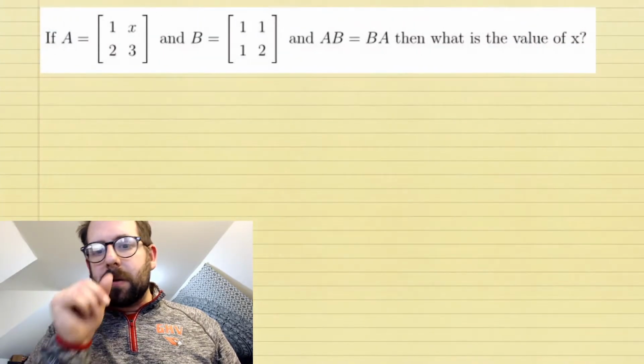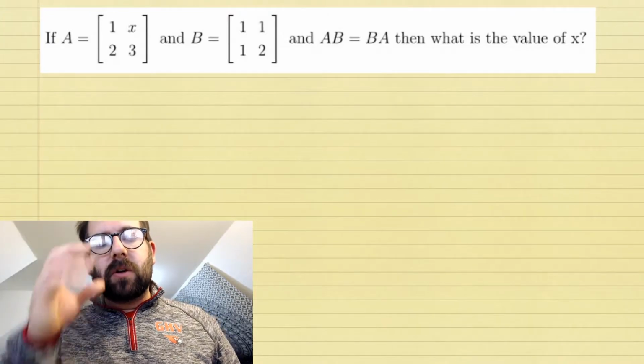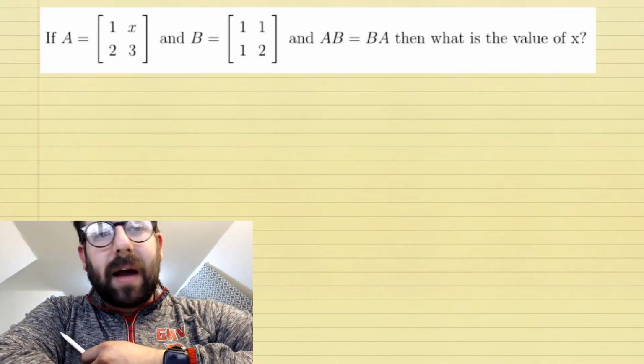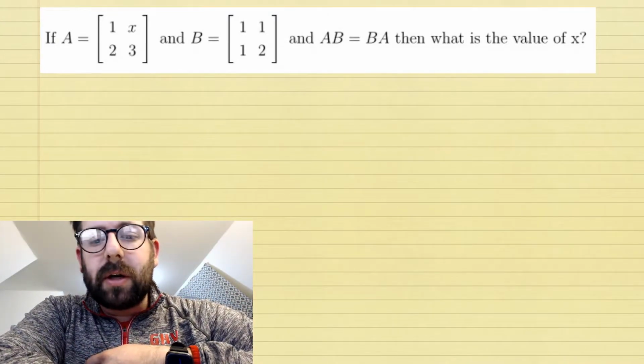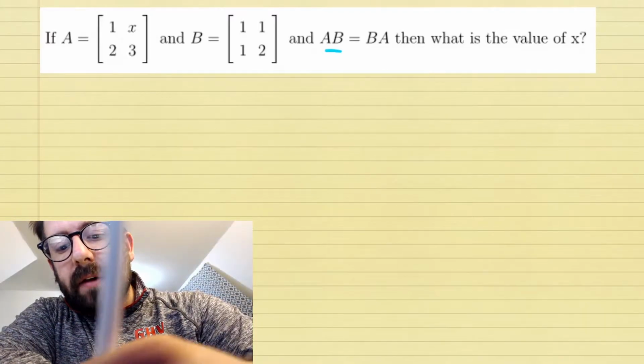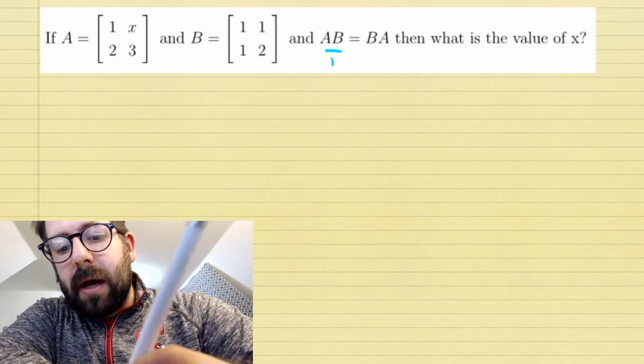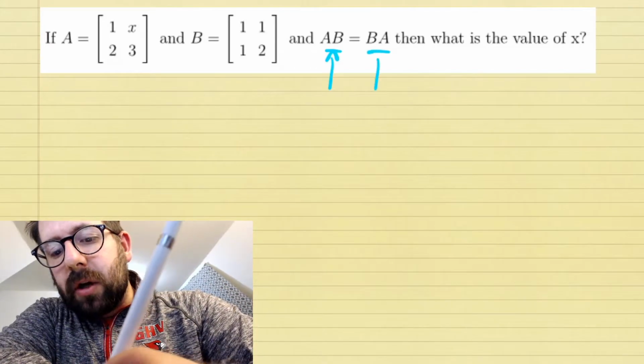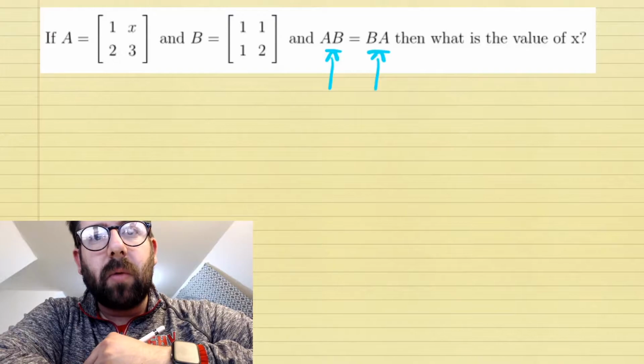So let's jump right in here. This is the first one that I had on the slide, and this is by far kind of the most challenging question. They're telling you that in this particular case, and this is special, that's why I brought this one up, the matrix multiplication is actually the same when you flip them. It's commutative between these two. And you have to find x.